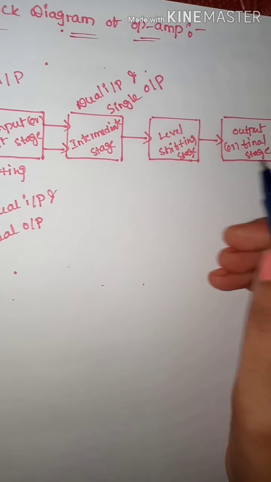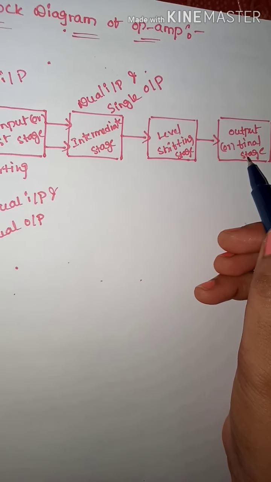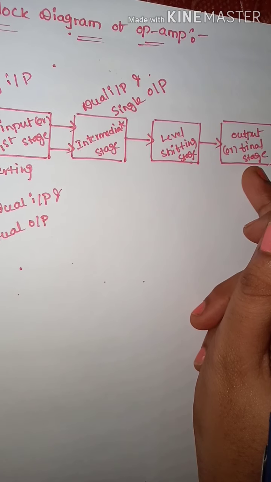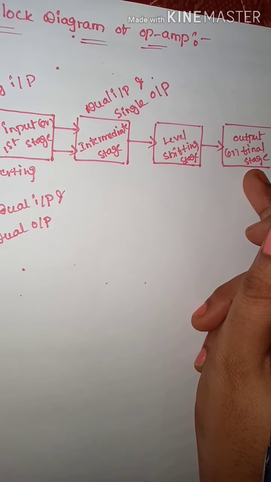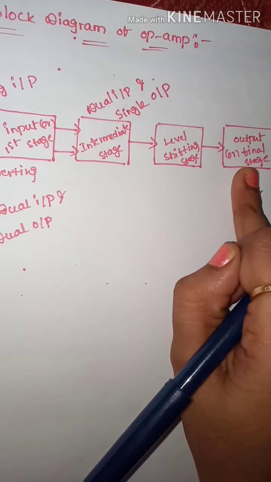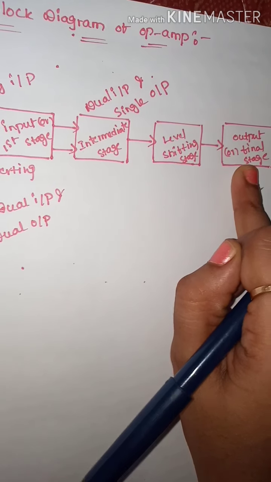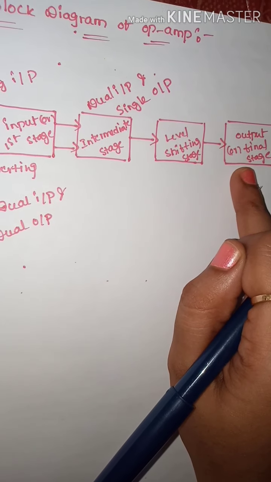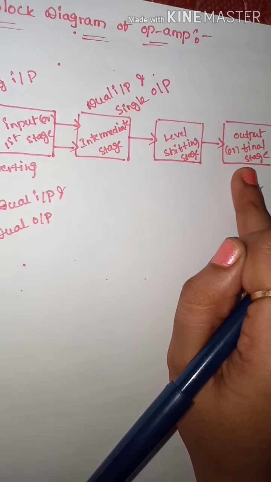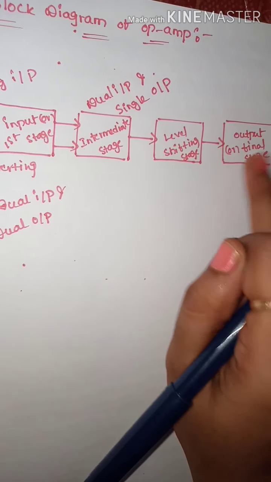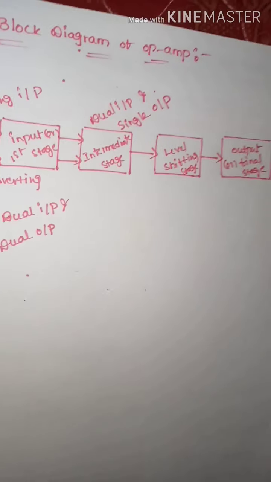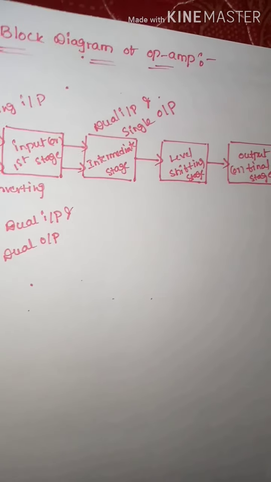And the final stage is the output stage. The final stage is usually a push-pull complementary amplifier. The output stage increases the output voltage swing and raises the current supplying capability of the op-amp. A well-designed output stage also provides the output resistance of the op-amp.